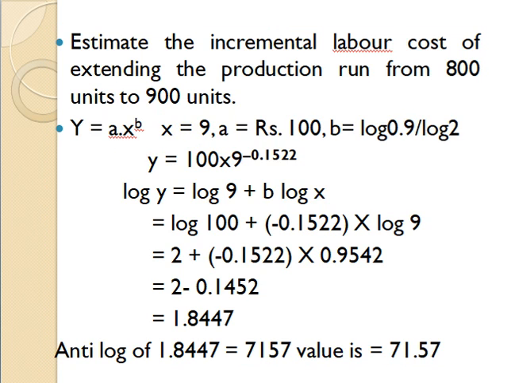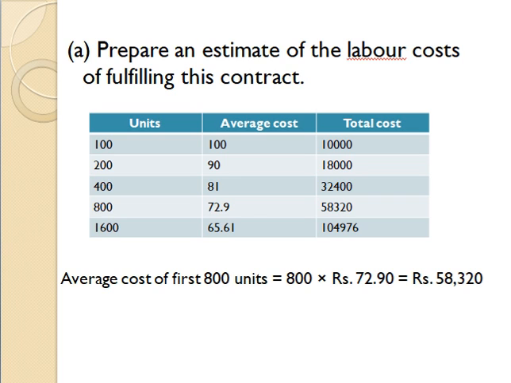In this case, you actually need to calculate the average cost to produce 900 units. So now you have the value for 800 units, and you need to identify the exact average cost of producing 900 units.